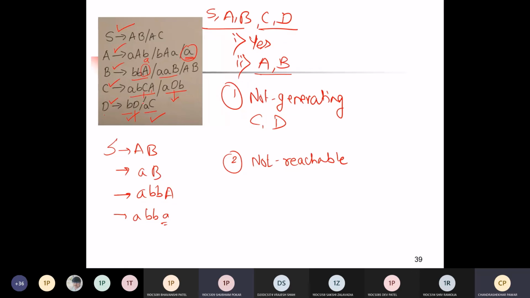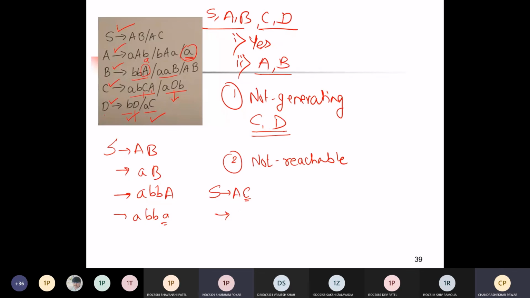Now we will check for C. Okay. So S produces AC. It is appearing in the production of the starting symbol, so obviously it is reachable, but it is not generating here. So we have to eliminate C and D also.